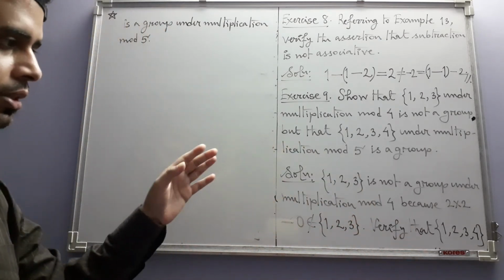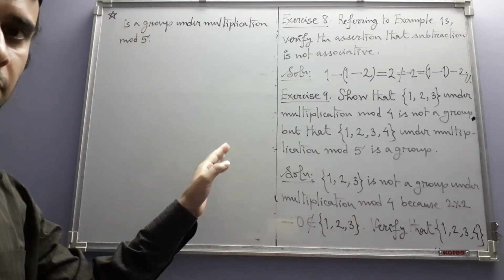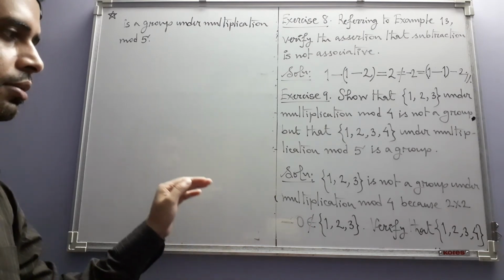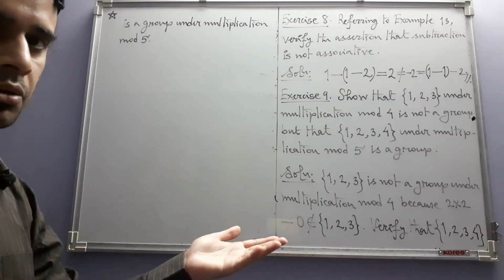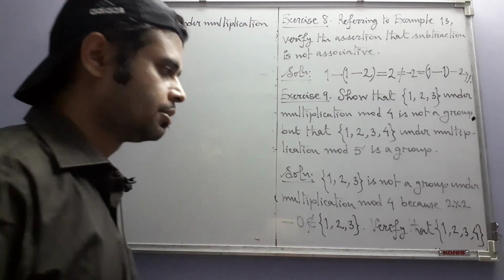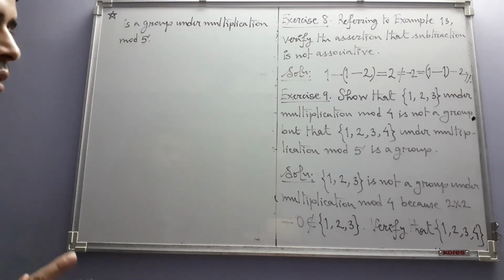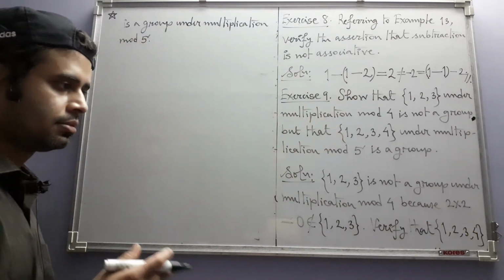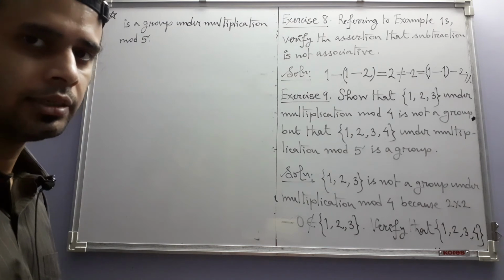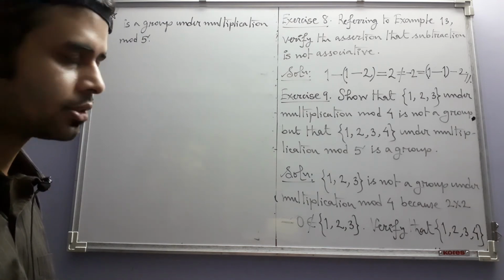That will prove that this set is closed under multiplication mod 5. Then multiplication mod 5 is an operation which we already know is associative, so that part is also gone. And then you will see that 1 acts as an identity element for that operation.